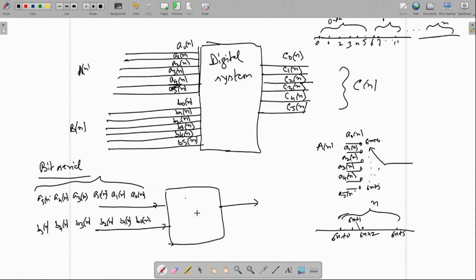Given a digit serial system, there is a technique called folding, which we will discuss after some time. You can get bit serial. Given a bit serial, I will show now very soon, you can get back the original digital system, bit parallel or word serial, by unfolding.